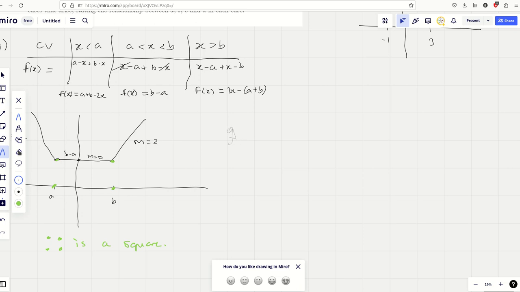I'm going to put it in brackets, the mod of 2x minus (a plus b), because then it makes it more obvious that you've either got 2x minus (a plus b) whilst x is greater than (a plus b) over 2, which is this point here, or you've got the negative of that, which is coming down there.